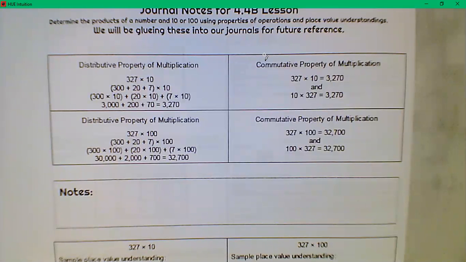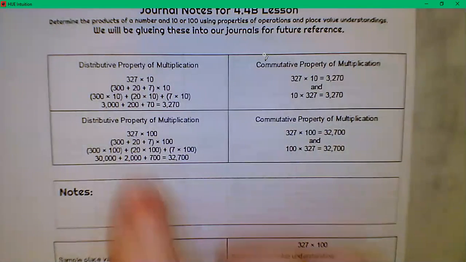The same thing is going to occur when you multiply by 100. Okay? 10 has how many zeros? 1. So if you look at that number, you took 327 and added a 0 to the back end of it. Same thing is going to happen when you are multiplying by 100. How many zeros are in the number 100? 2.